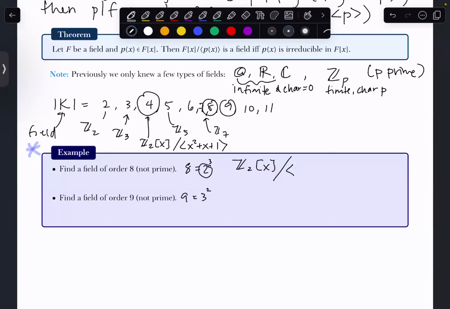This is a field, and this is actually going to match up exactly like this. So here, this is the prime showing up, and here I want an irreducible polynomial of degree 3, the power. Okay, can you guys think of an irreducible polynomial in Z2 of degree 3?